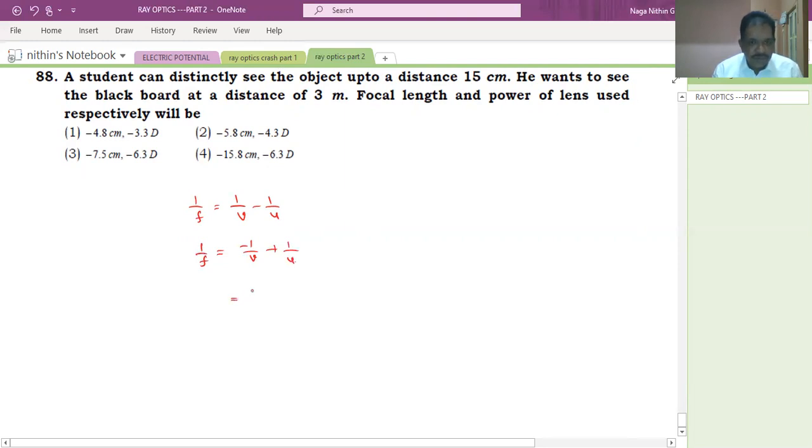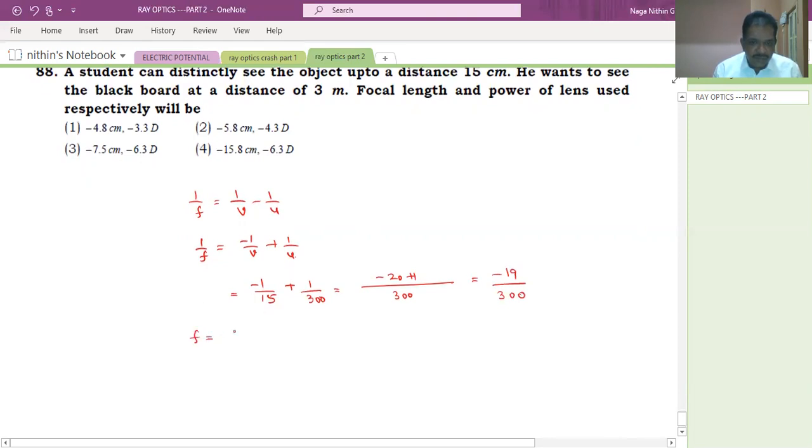This is 15 centimeter. This will be 3 meters, na? 300. So 300 minus 20 plus 1, minus 19 by 300. F is equal to minus 300 by 19.